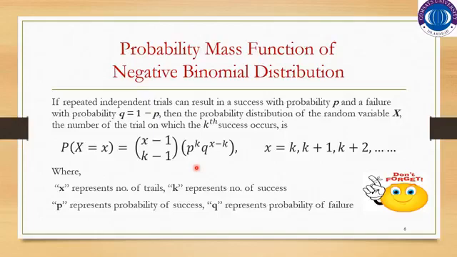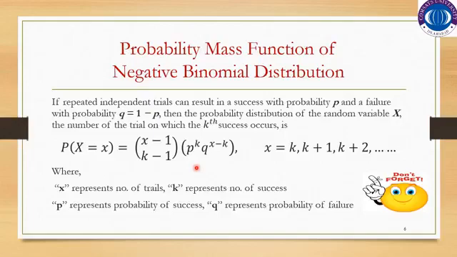So if they make a restriction that you will toss a coin until you get 3 heads, what you will do? You will keep tossing the coin until you get the required successes. So this is the negative binomial distribution.